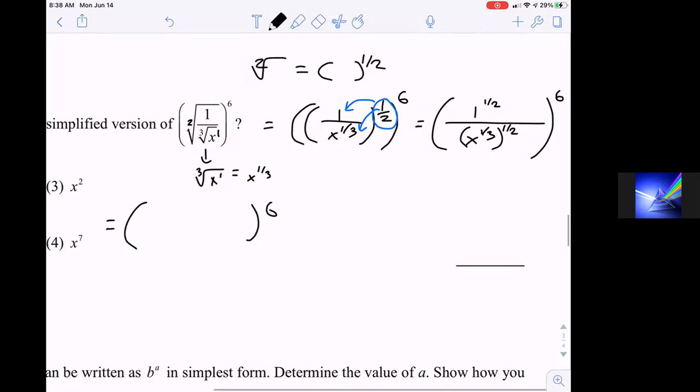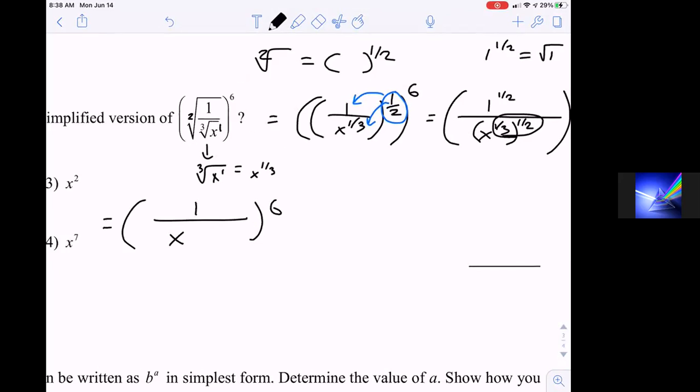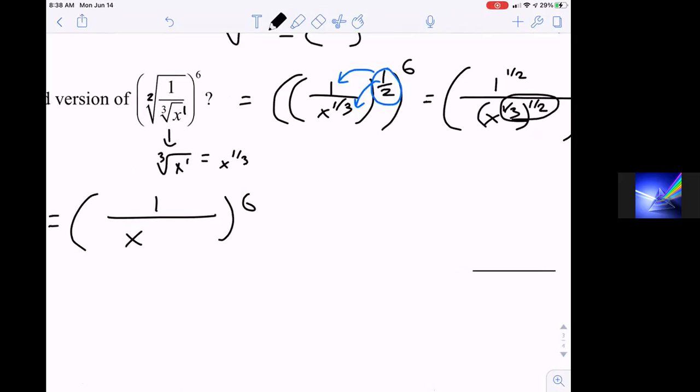So keeping the 6th power, what is 1 to the 1/2 power? Guys, 1 to the 1/2 power is the same as the square root of 1. That's just 1. If I'm raising a power to a power here, 1/3 to the 1/2 power, I multiply those exponents. So that would be 1 divided by 6, right? 1 times 1 over 3 times 2.